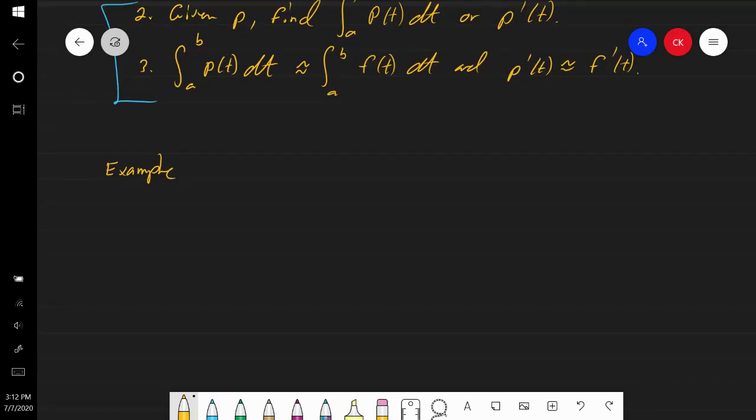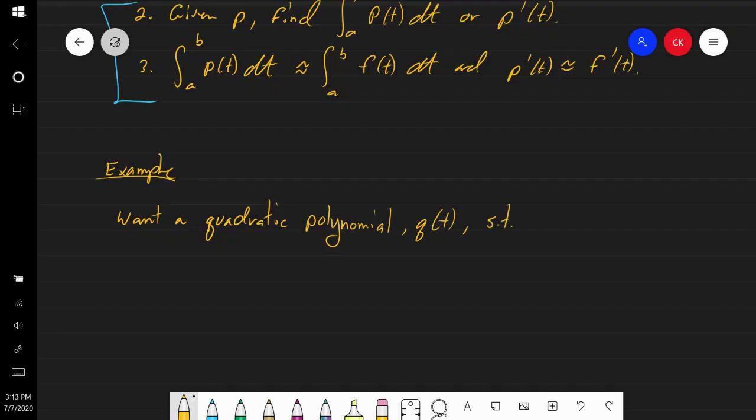So let's just suppose we want a quadratic polynomial. Here I'll just call it q of t, such that the graph of q of t passes through some specific points.